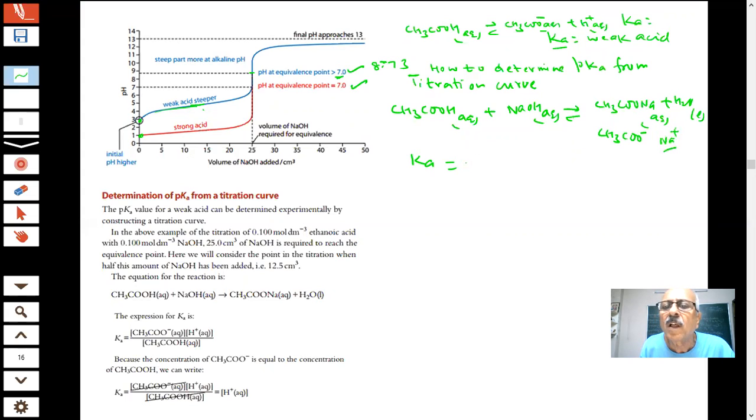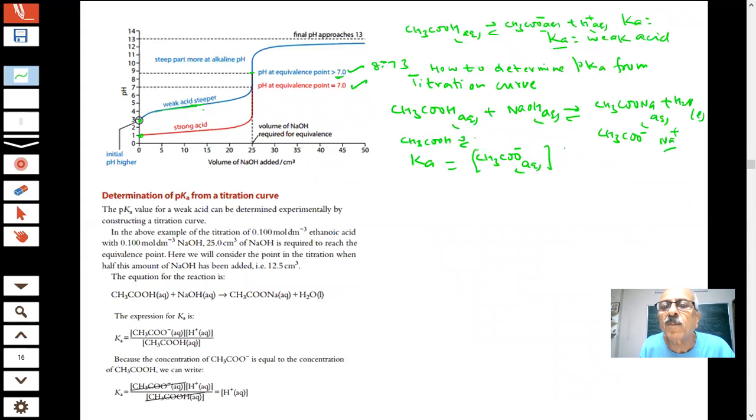This is neutral. I can write it like this: CH3COO- aqueous, and the concentration of H+, which is the Ka we wrote for acetic acid.